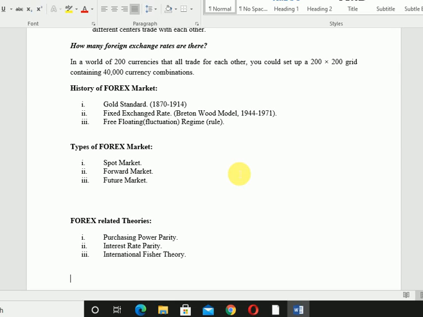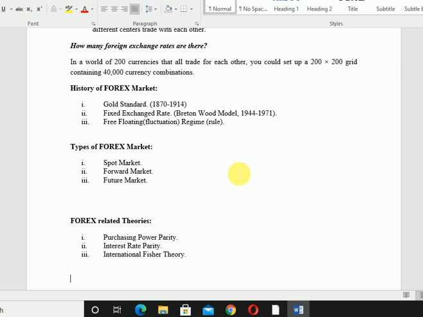Future market is a standardized market. Here a third party is involved by the name of clearing house, and they provide some instruments, and on those legal documents the transaction takes place between the two parties.